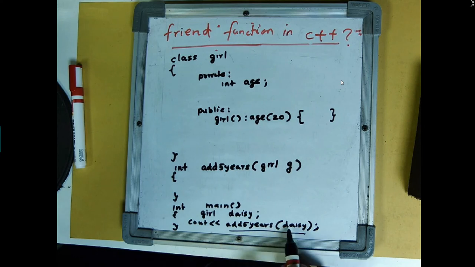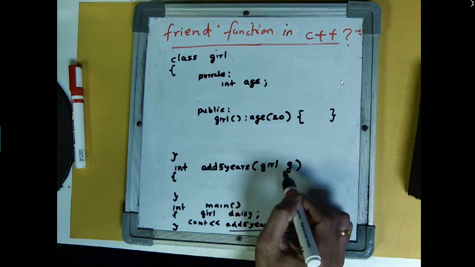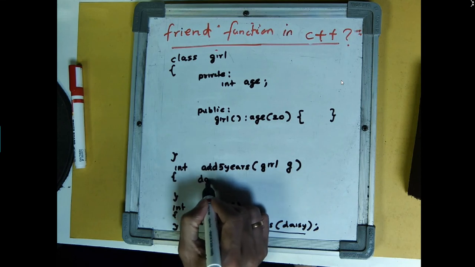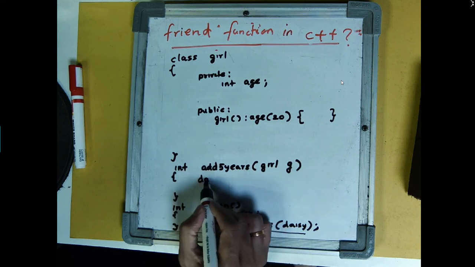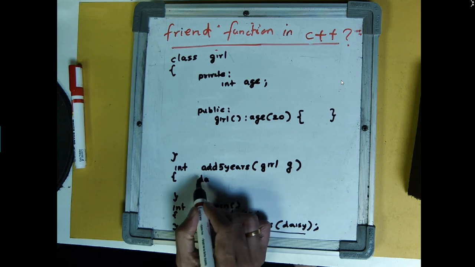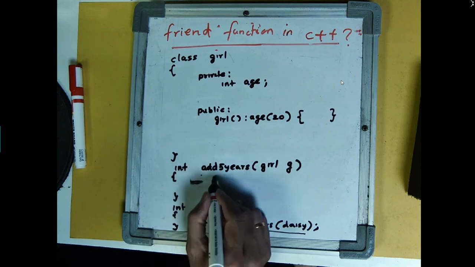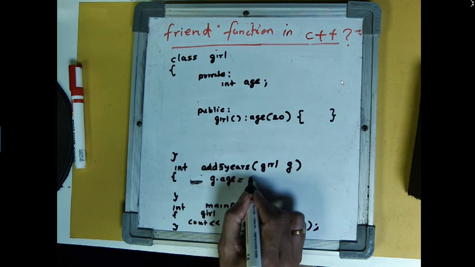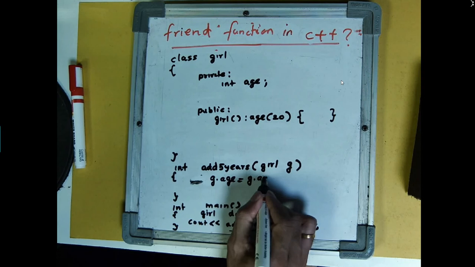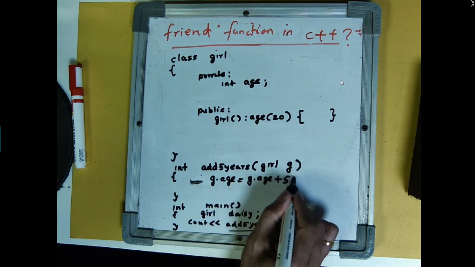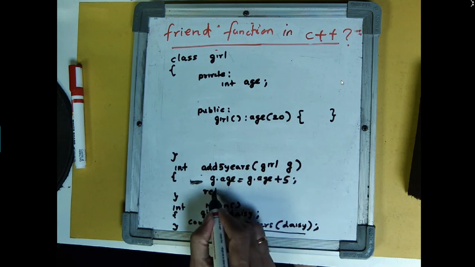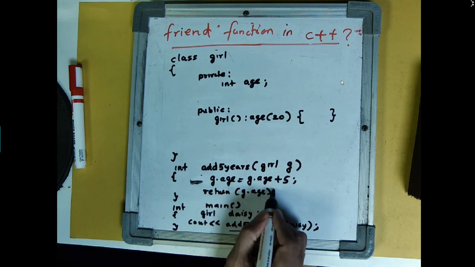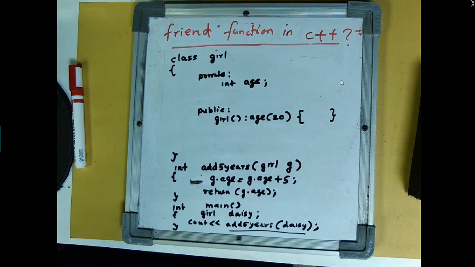Now Daisy has been passed over here, so the function would be like this: G dot age is equal to G dot age plus 5 years you are incrementing, and I am returning G dot age. This is how it is going to look like.